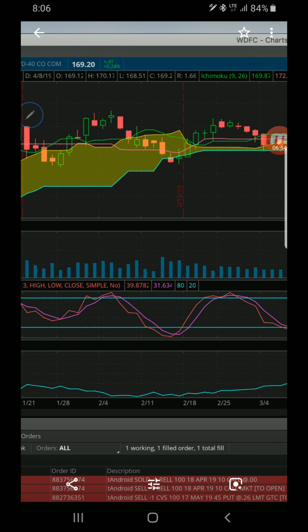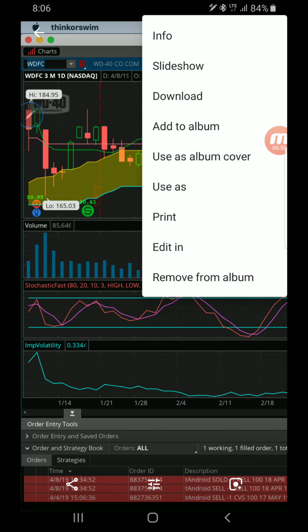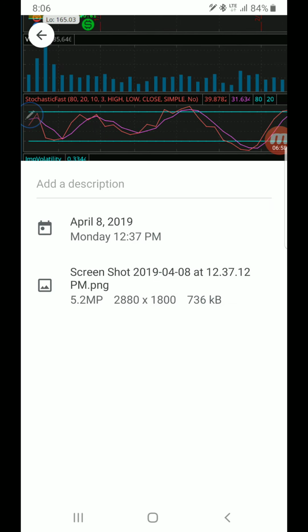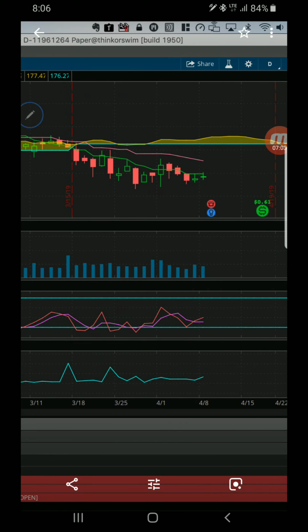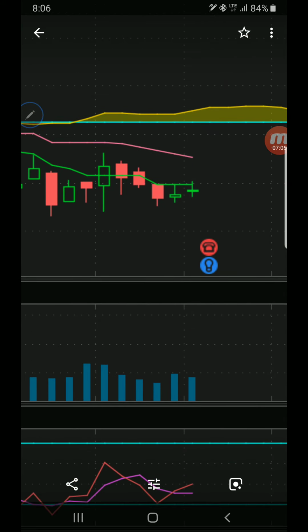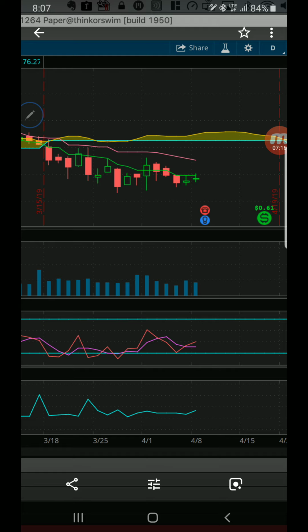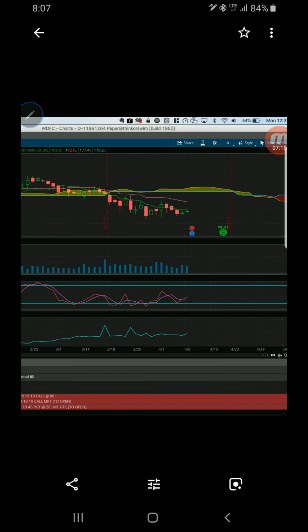So WDFC, and that is from April 8th. We have mixed, so it's not a consistent read. It's a bullish span, bearish tenkan trading below the bearish tenkan. We don't like to read those.